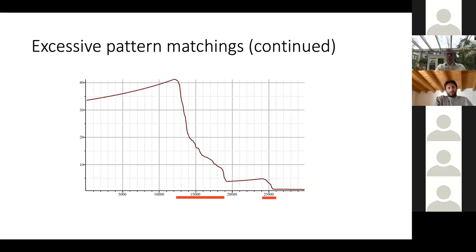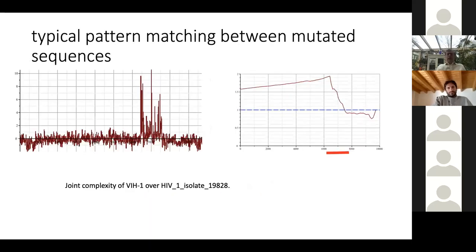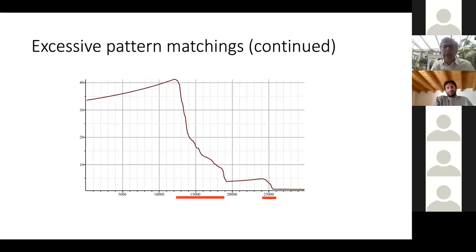There are some errors from time to time, but it's kind of copy-paste. I have not had a large experience, but in general, when there are mutated sequences, the matchings are not that big. It is just 2 times the average case in random. Here it is 40 times the average case. So this bat coronavirus 2 is kind of suspicious.